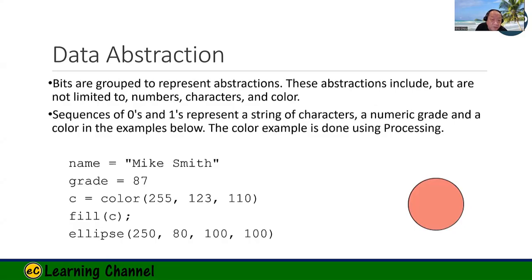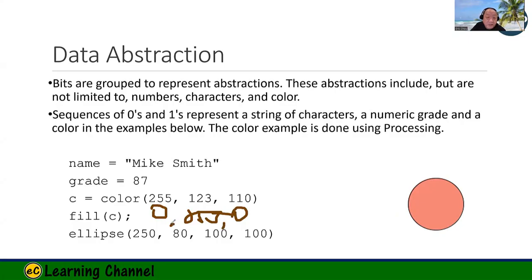For example, name equals Smith. So name is an abstraction. Grade equals 87. Color equals 255, 123, 110. That's actually a color. So it's a string, a grade, a color. These are all different kinds of abstraction for data. So green color in this color space maybe means 0, 255, 0, that's green.